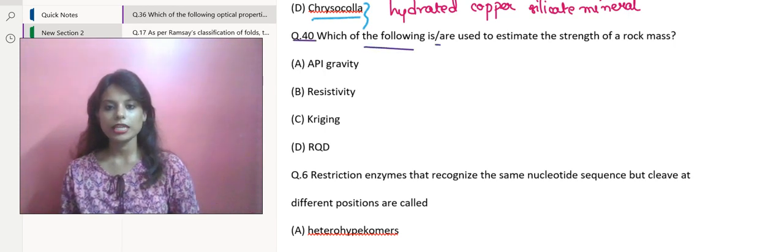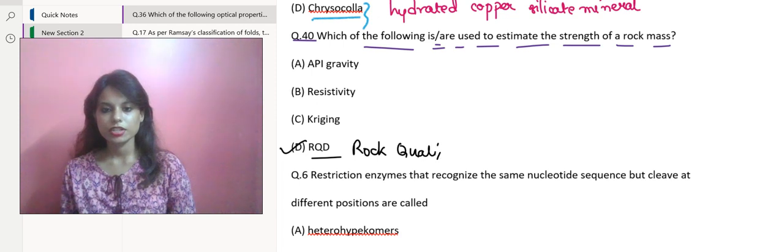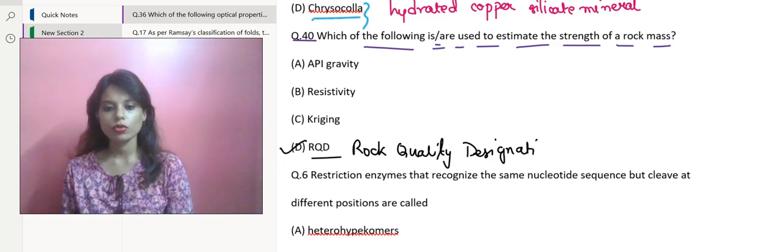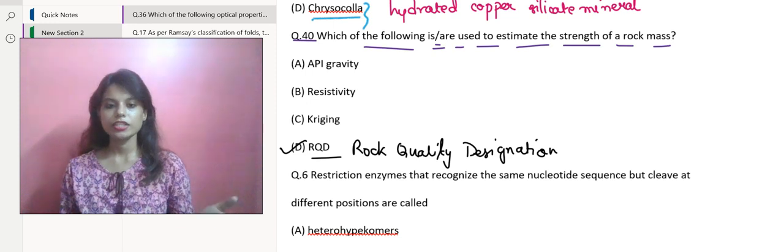Which of the following is or are used to estimate the strength of a rock mass? We can say RQD, or rock quality designation. Rock quality designation is used to estimate the strength of a rock mass. Let's talk about RQD in a little bit more detail.